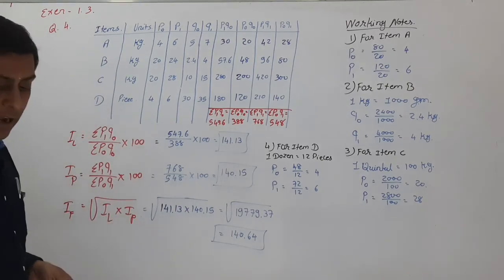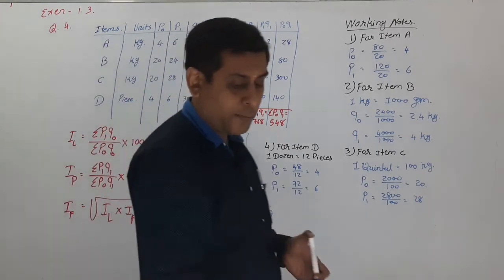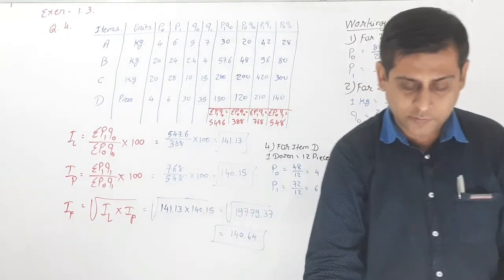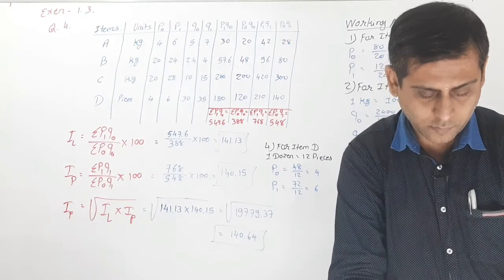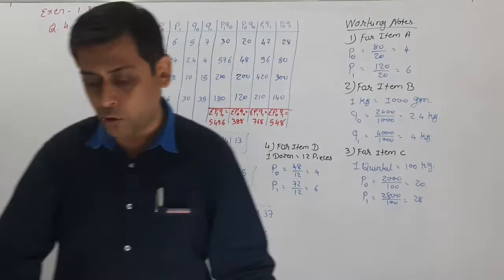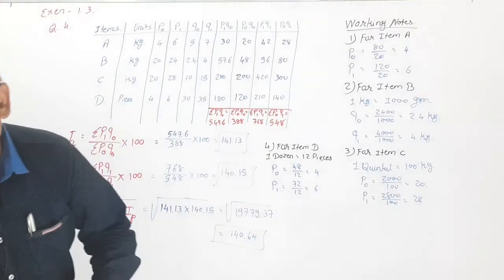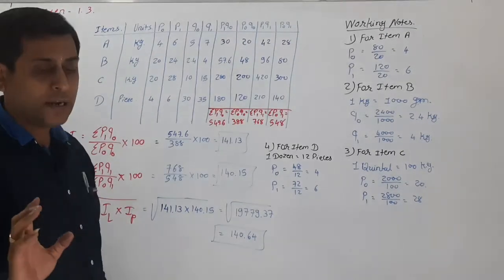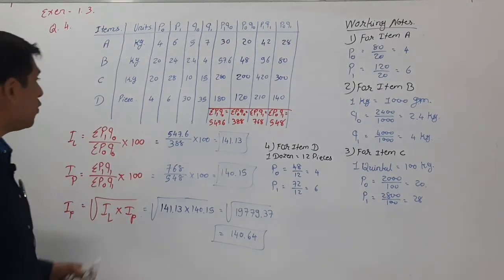So here IL, IF and IP, 3 questions are there, and we completed that. This is your 5 mark sum. First of all, write this down. It is also an important question, so please do it carefully. And also question number 5 of exercise 1.3 is also important. It is also an IMP question, and that's why I am doing that right now.